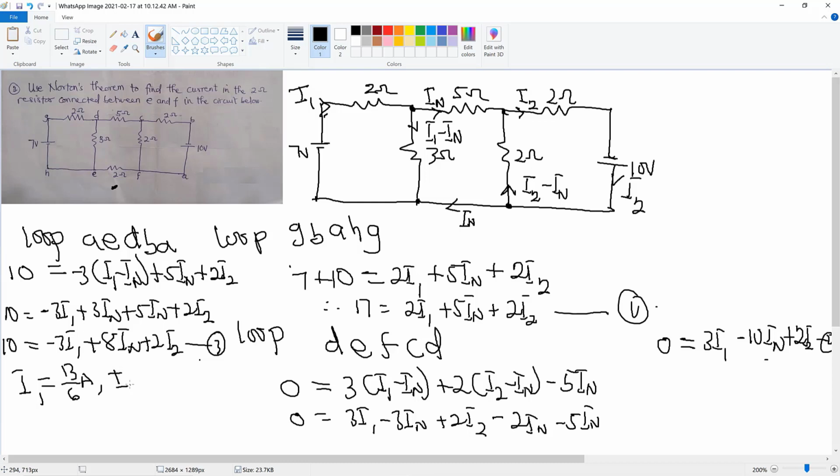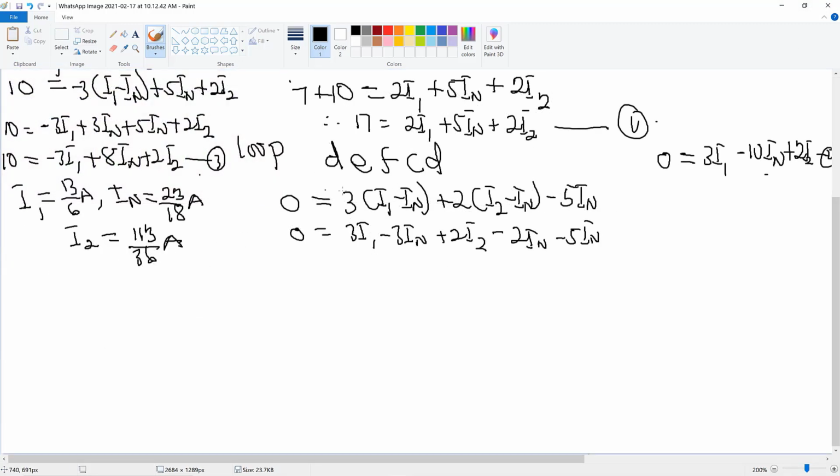Our IN is equal to 23 over 18 ampere, and then our I2 is equal to 113 over 36 ampere. So we have found our Norton's current to be 23 over 18 ampere.